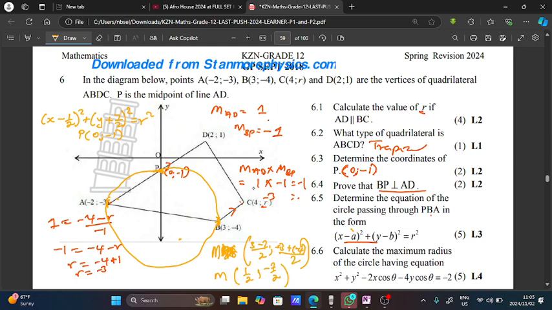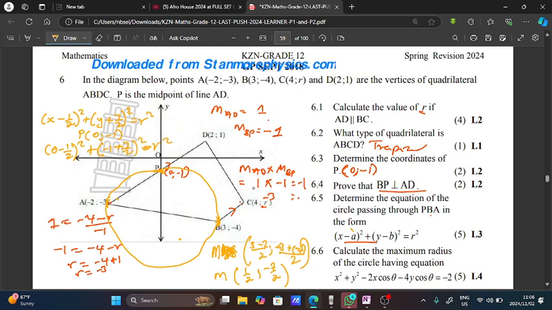But to be safe, you can substitute maybe negative 2 and negative 3. So now x is 0. So I have 0 minus half squared plus y negative 1 and then plus 7 over 2 all squared equals r squared.